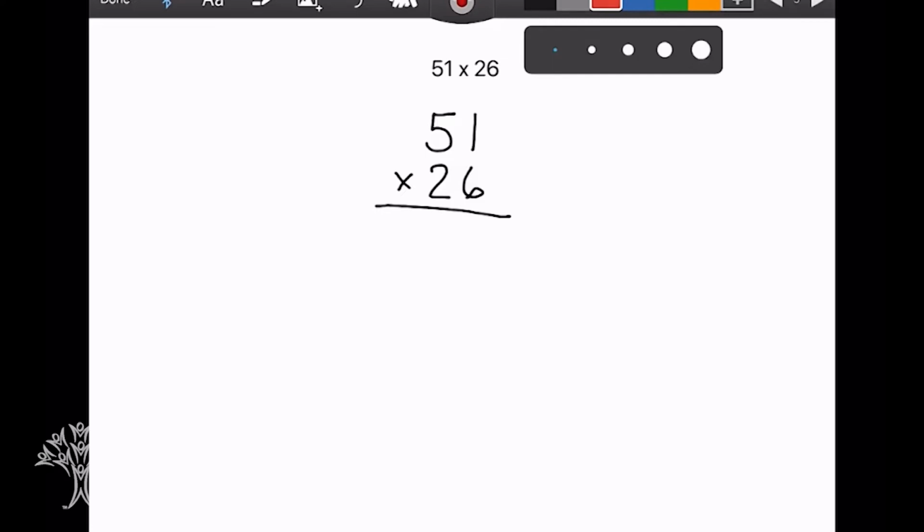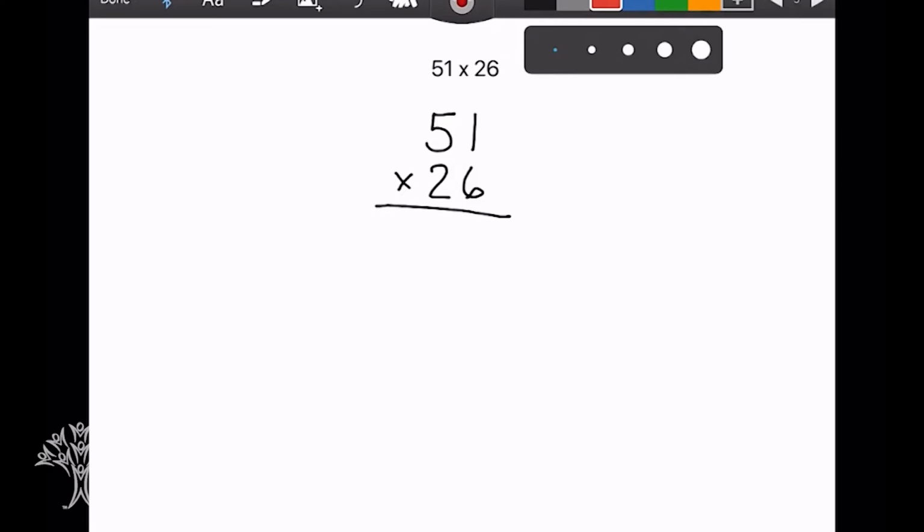So I'm going to slowly take you through the steps of what you need to do, and to make sure that you are fully understanding how to be successful with the partial product method. So my first step is, let's set it up in standard algorithm, like this. My second step is I need to do some multiplication.